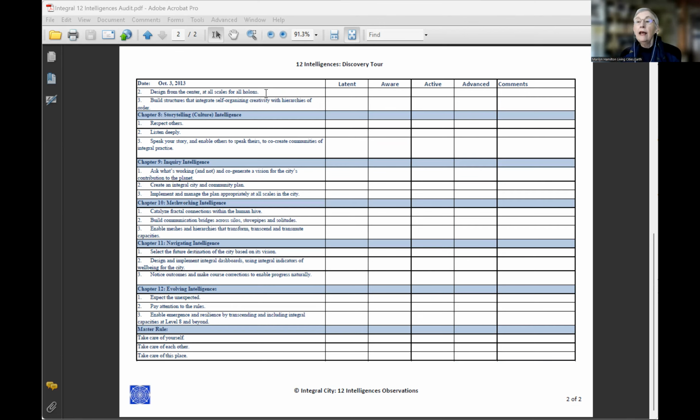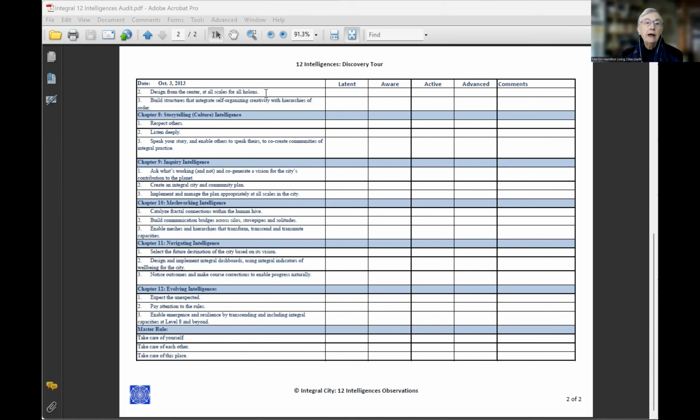This is evidence that design is actually coming from the center of the collectives. It means that city blocks are designed in relation to neighborhoods, neighborhoods are connected to communities, and communities to the whole. Each one of those could be considered a holon, and each of them, of course, is at a different scale. That is why designing from the center for all holons takes into consideration a good deal of the ways that form shows up in the city and how it functions.